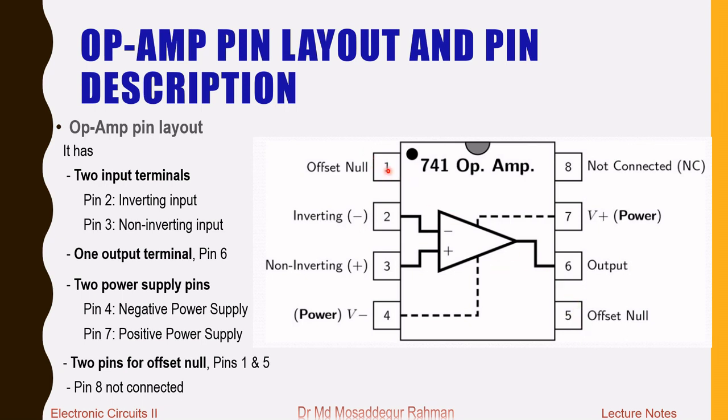But for now, it's enough to know that pins 1 and 5 are the offset null pins. They're used to nullify the offset voltage. The last one, pin 8, is written not connected, which means it's not used in the circuit. It has no application, so it's just written not connected.